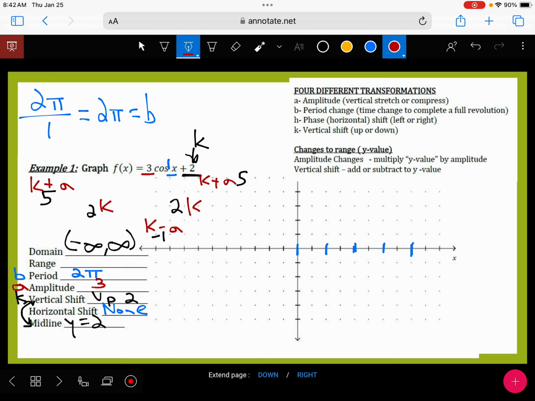So we go up 1, 2, 3, 4, 5. Don't we need to shift it up first? Vertical shift? Well, that's what we took care of with the k plus a. So that's going to be our first point. Then for the next hash mark, pi over 2, we're just going to graph that right at 2.